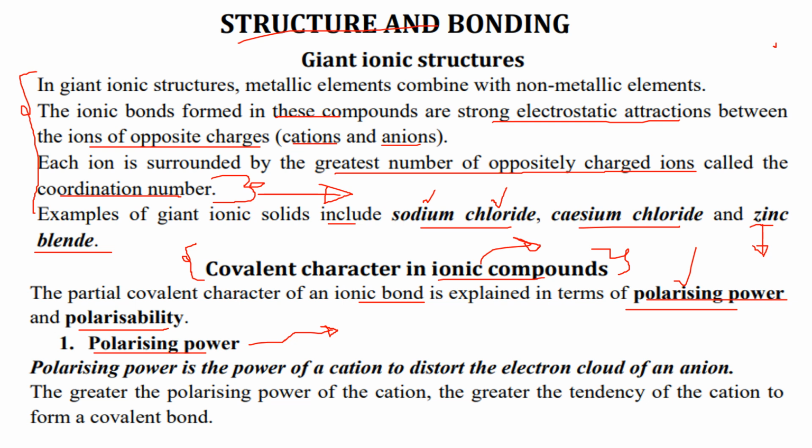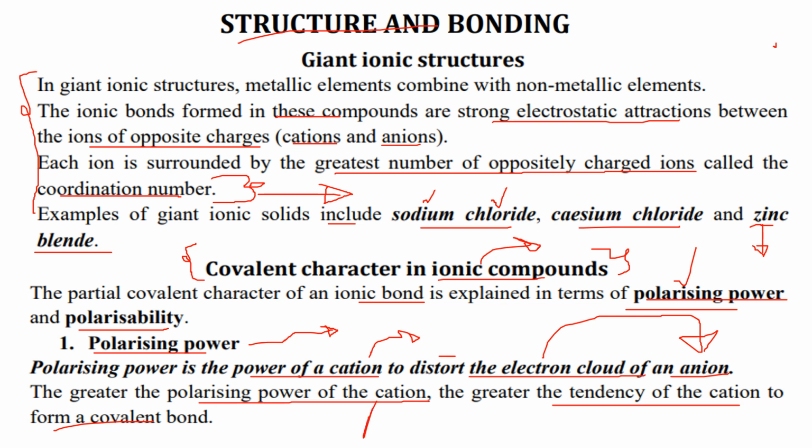Polarizing power is the power or ability of a specific cation to distort the electron cloud of a specific anion. The greater the polarizing power of the cation, the greater the tendency of the cation to form a covalent bond.